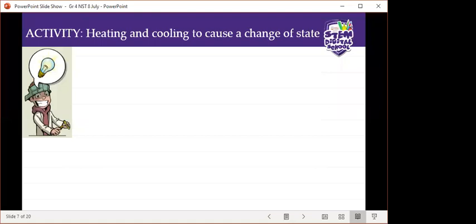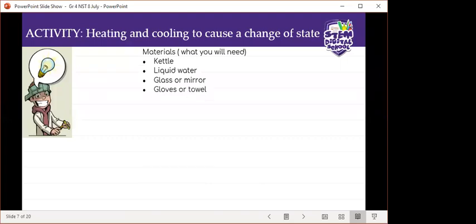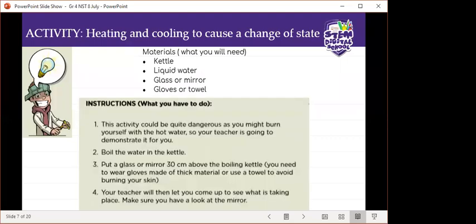Okay, guys, let's get on with the activity. These are the materials that we're going to need: a kettle, liquid water, a glass or a mirror, and gloves or a towel. We have the following instructions. This activity could be quite dangerous as you might burn yourself with hot water.